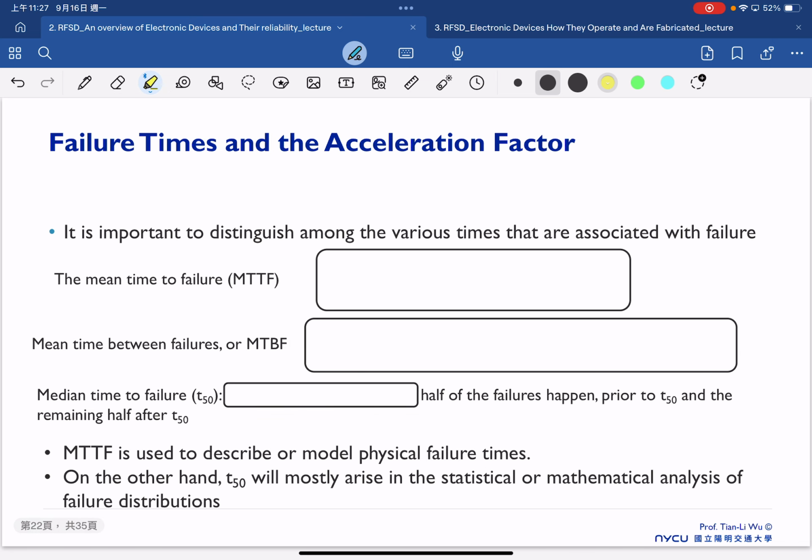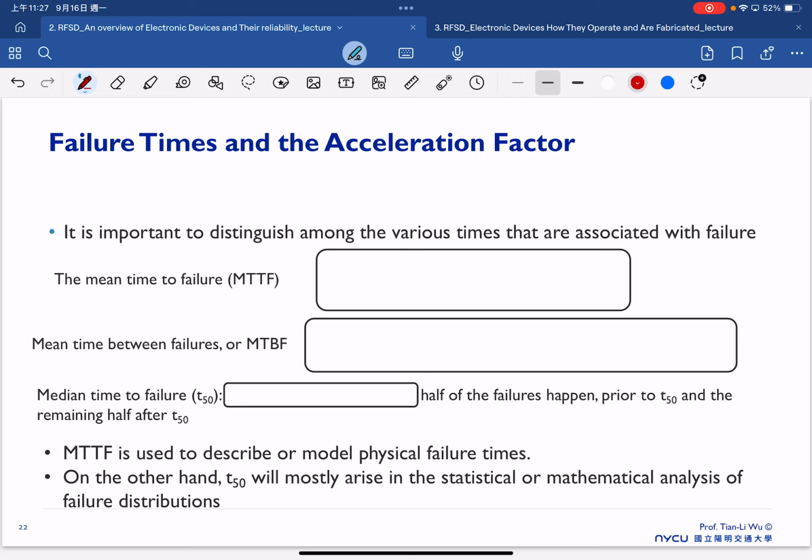And in addition to the diffusion rate, the net rate we have discussed before, now this is actually getting more important to estimate the failure time and also the acceleration factors here. So we have several terms here. The first one is what we call the mean time to failure, MTTF.